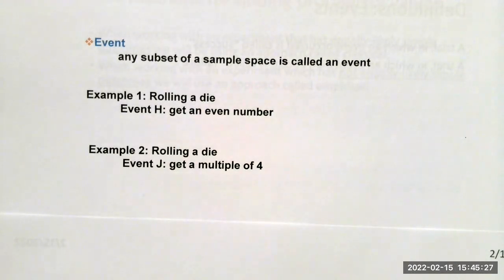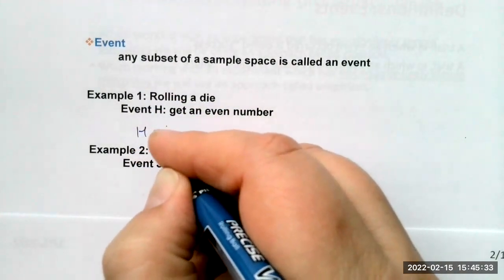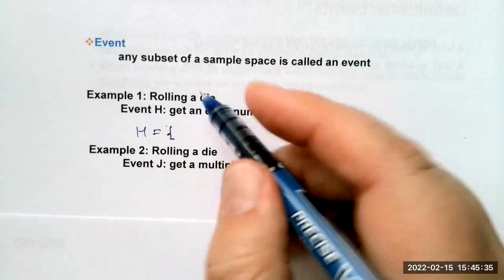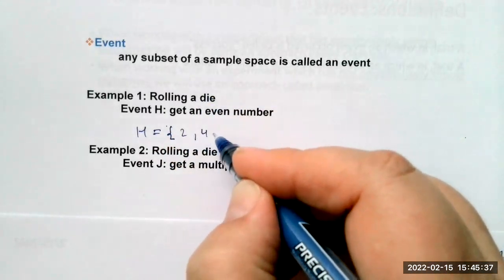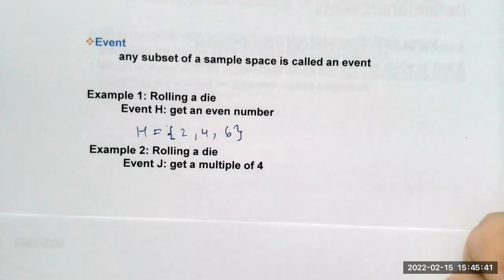So event H will be described as follows. An even number is 2, 4, or 6. There are no other even numbers on any side of the die, so this completes our event H.